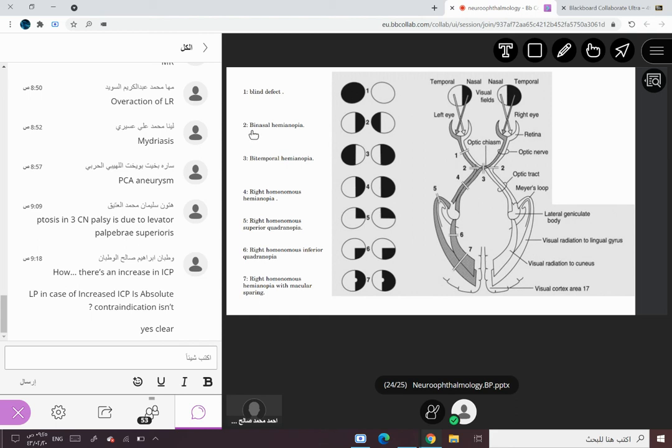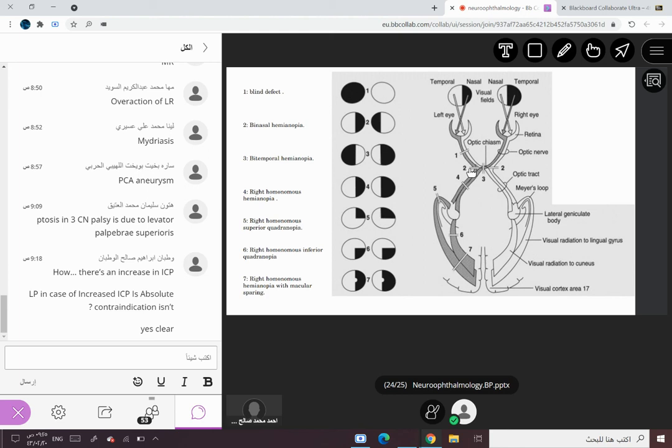In the first example, you see the disease. Where is it? There is complete dissection of the left optic nerve. What we will have is a blind defect. In the second example, we have binasal hemianopia.